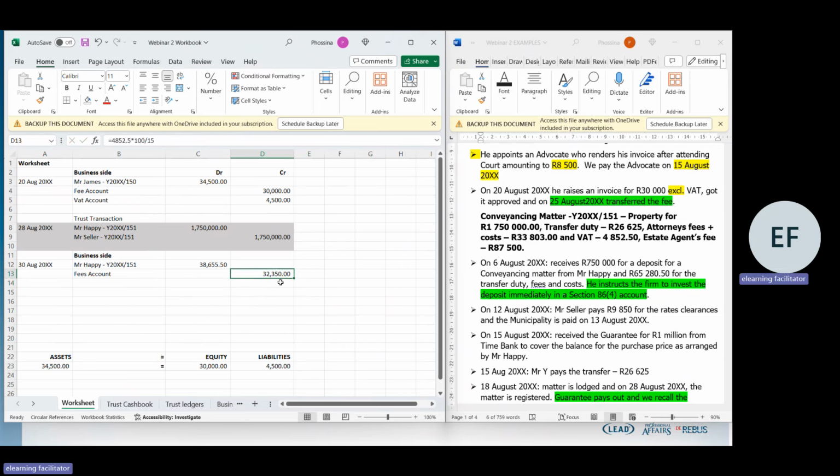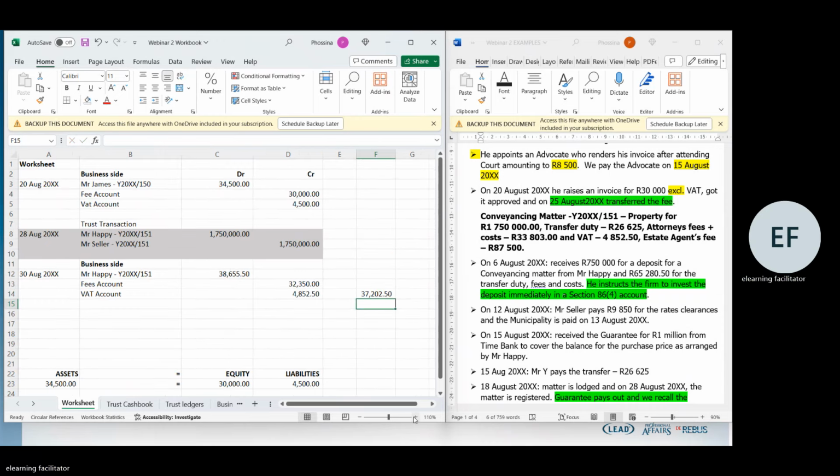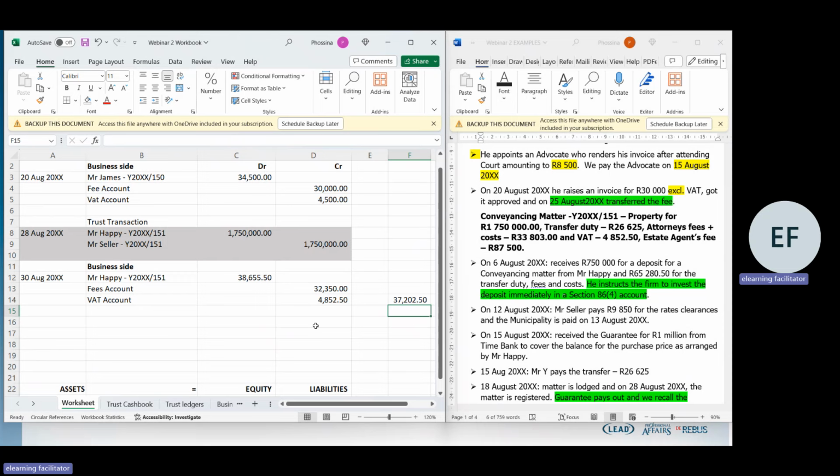Out of there, this is our fee, 32,350. For the VAT, remember it's for the benefit of SARS, so that one we are already given. So fee plus VAT, if you add it up, comes to 37,202.50. The difference is just for recoupment, disbursement recovery.